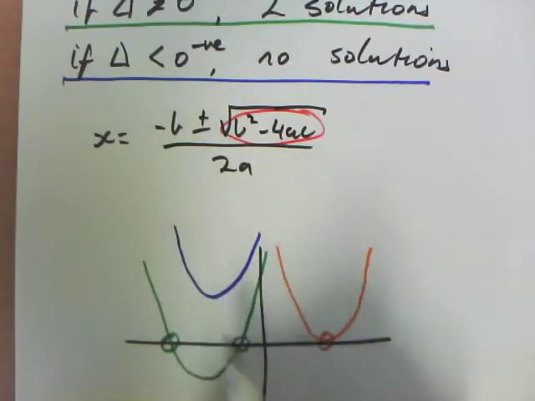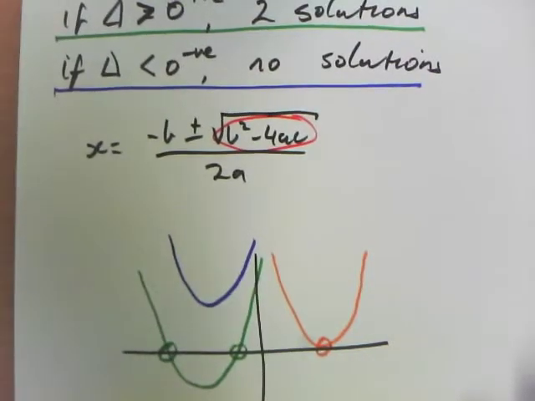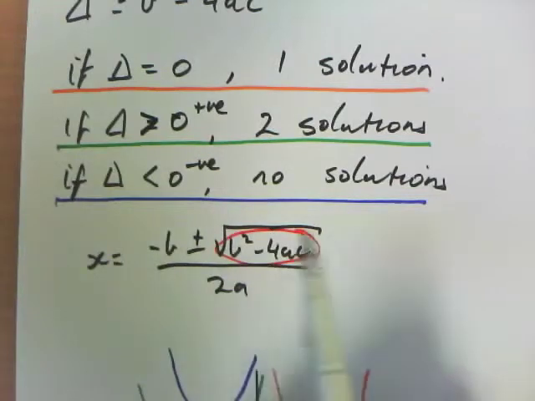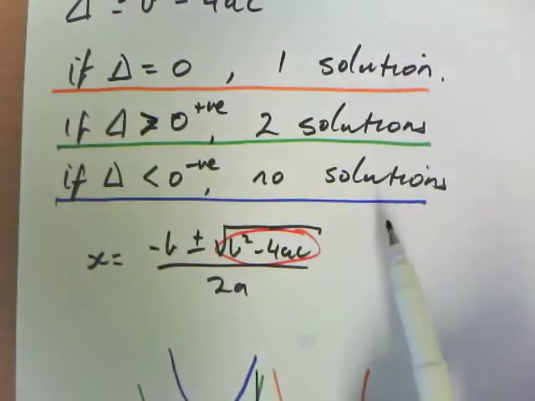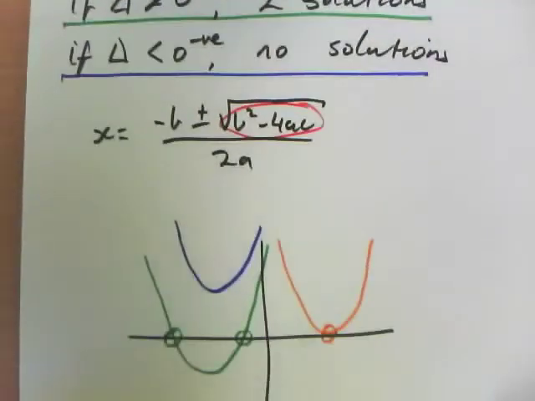So your turning point is above the x-axis. That's what the discriminant means, and how this comes about is just because of this square root here. This is what happens in each of those situations with that square root, and that's what it means graphically: you either have one solution, two solutions, or no solutions.